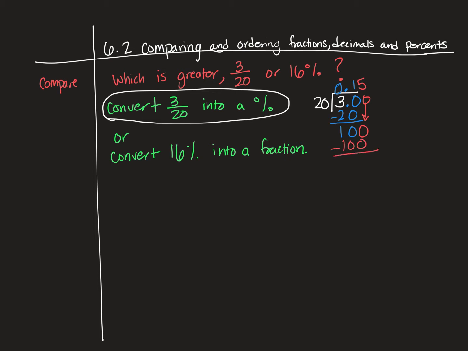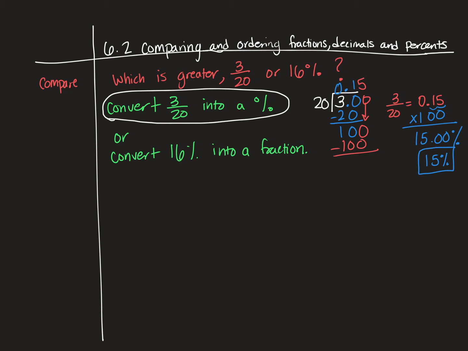And there you have it. You have 3/20 equals 0.15 as a decimal. And if we convert our decimal into a percentage, we can multiply this by 100, or we can just move the decimal place 2 places to the right. And we know that that's going to be 15%.